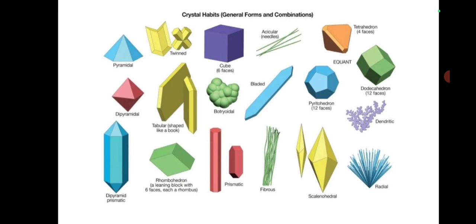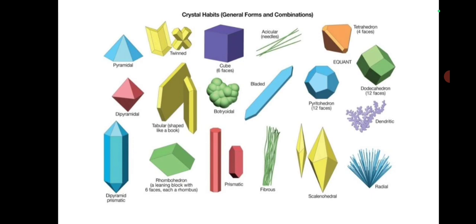Then another type is granular. That is when the mineral occurs in the form of a densely packed mass of small grain-like crystals. For example, chromite. Then globular or botryoidal.